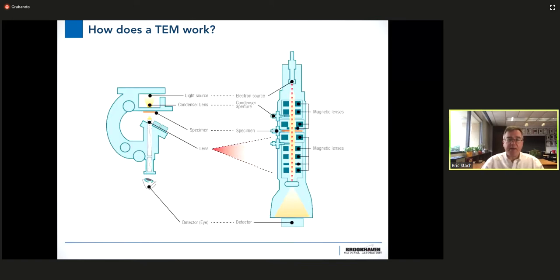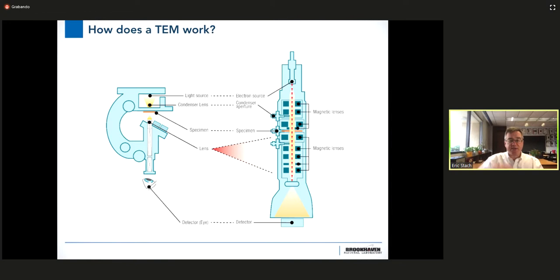In the TEM, things are somewhat upside down, generally. Your light source is instead an electron source. It sits at the top of the microscope. The electrons pass through the condenser lens series to, again, allow them to focus down onto the sample. The objective lens is the primary imaging lens.